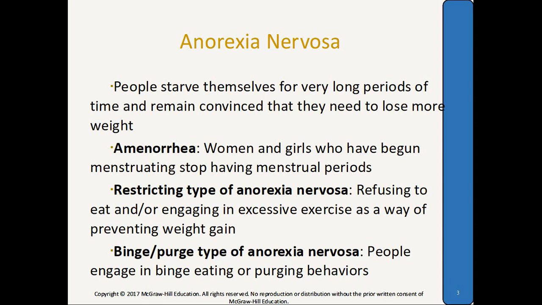So binge eating is overeating an enormous amount of food in one sitting, and purging is defined as vomiting behaviors. Sometimes there's purging behaviors that also involve the use of excessive laxatives. Most often we refer to purging as vomiting.